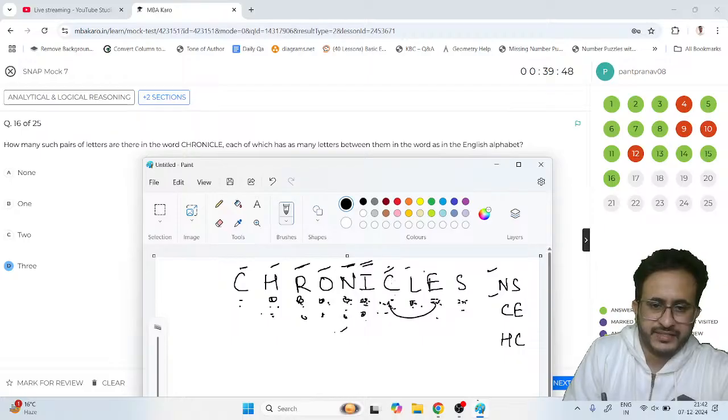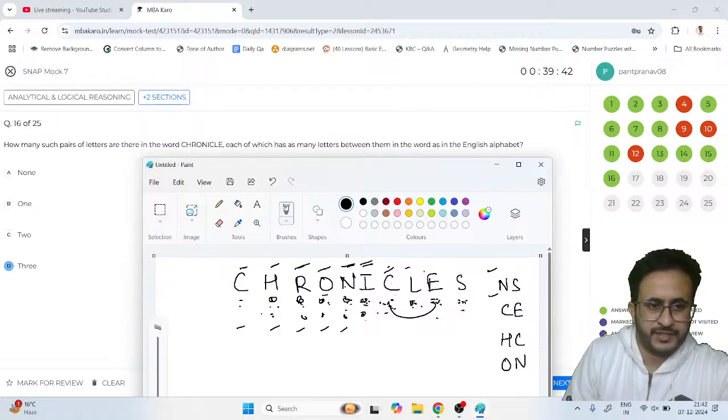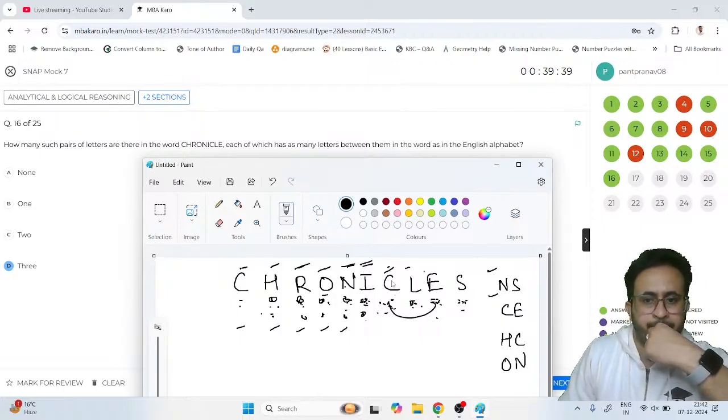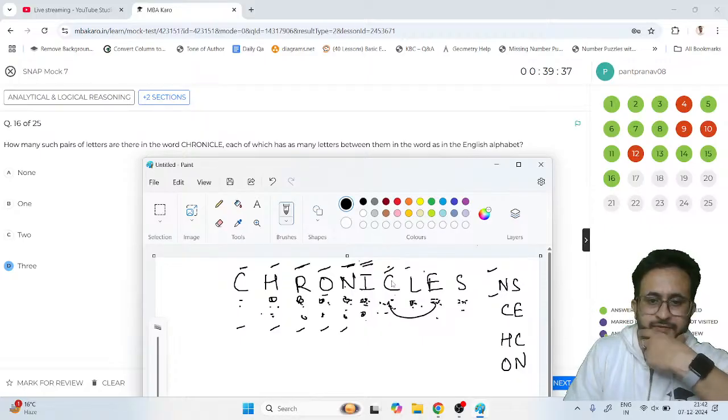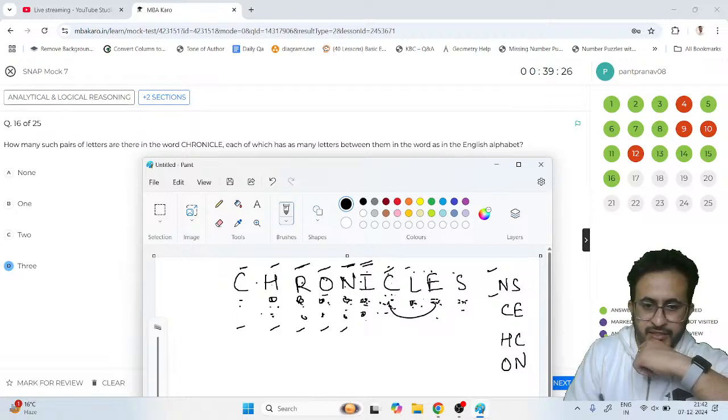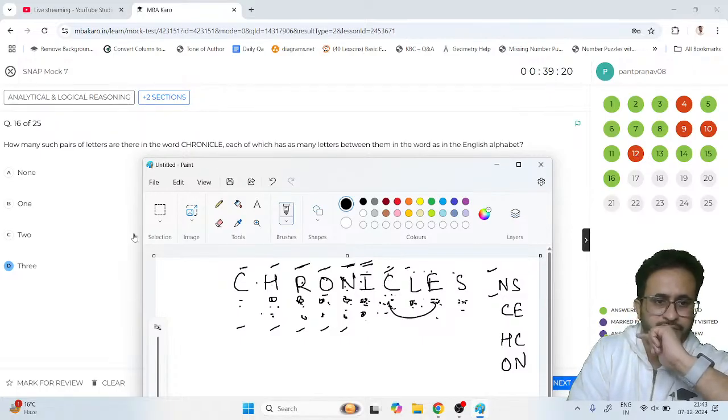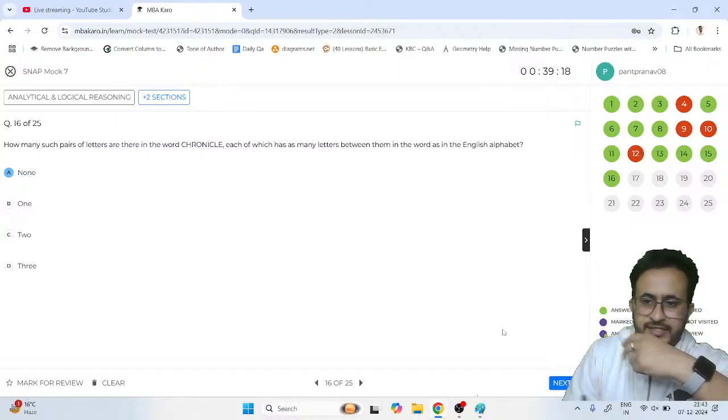Then I J K L M N. Then we have N O. So N O is another pair. N S is one pair. O P Q R S. C E is another pair. C H is another pair. D E F G H. And O N, N O is another pair. So there are 4 pairs that are coming. So we'll choose none of these as the answer.